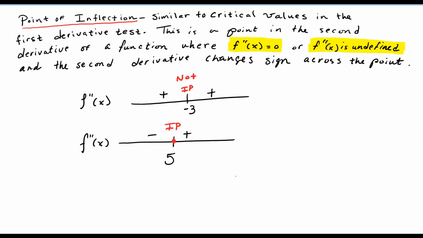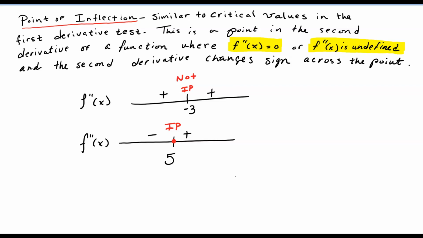So those are some cases. Consider that the concept of differentiability still comes into play. All right. Now, most importantly, for it to actually be an inflection point, the second derivative has to change sign across that number.